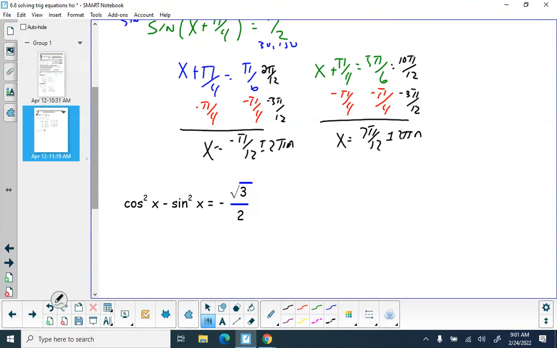Cosine squared minus sine squared. What was cosine squared minus sine squared?